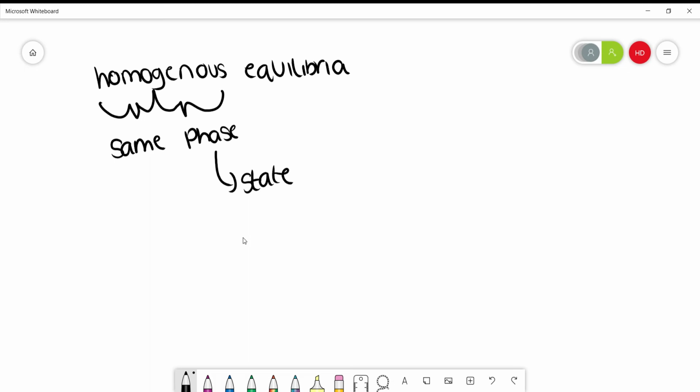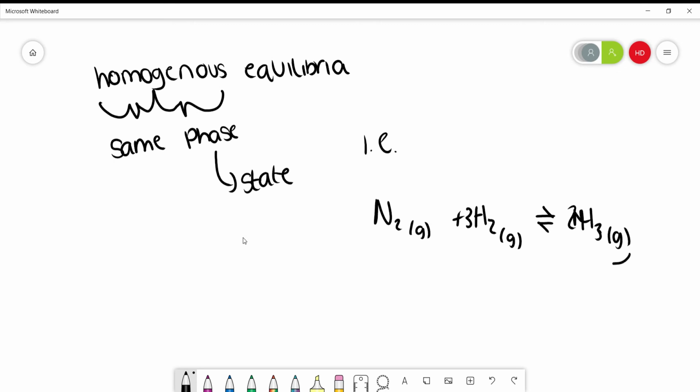And here, your homogeneous equilibria is one where all the species of the equilibrium are in the same state. I.e., again, we can talk about the Haber process again. We can say N2, which is a gas, plus 3H2, which is a gas, gives you 2NH3, which is also a gas.